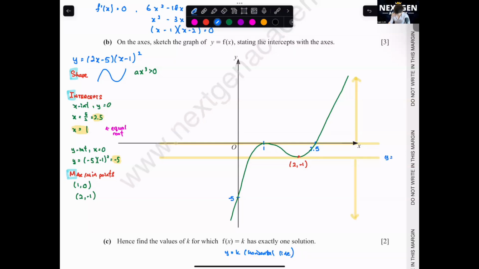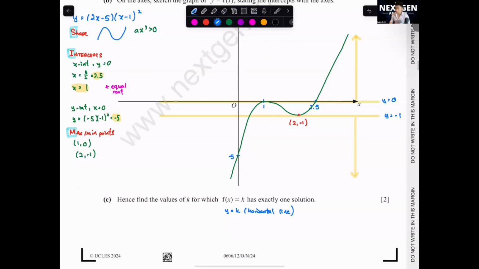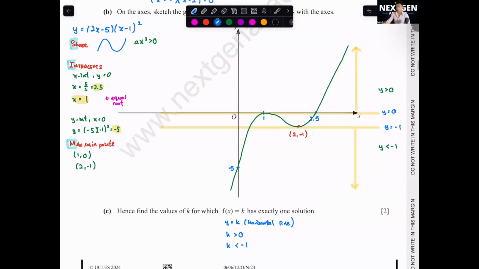Sorry, y equals -1. This one y equals 0. So we want everything above here. So your answer will be k more than 0. This part here is y more than 0. This part here is everything y less than -1, so k less than -1. These two will be your answer: k more than 0 and k less than -1.